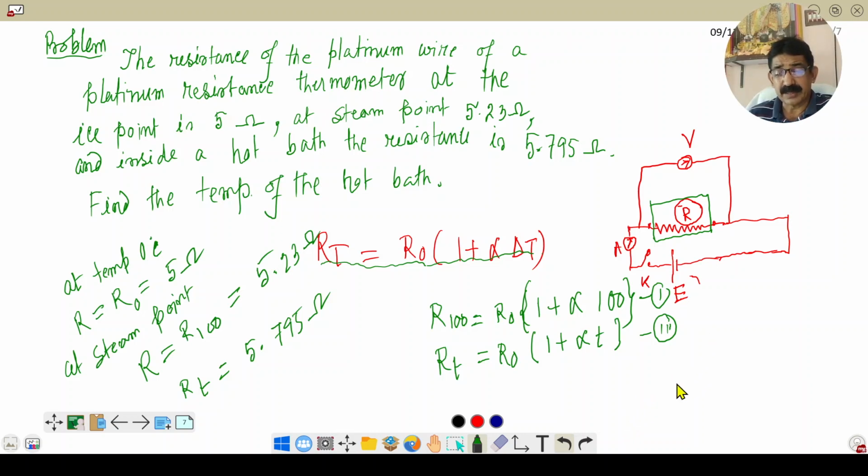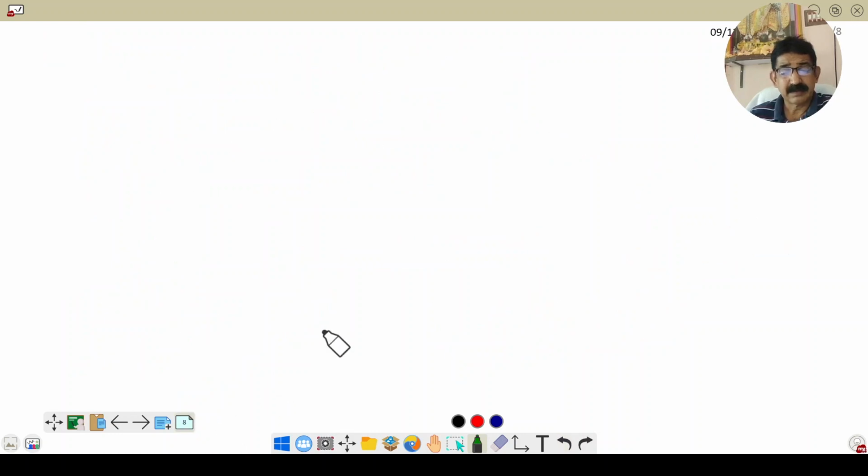Now from equation number 1, R100 is equal to R naught into (1 plus 100 into alpha).